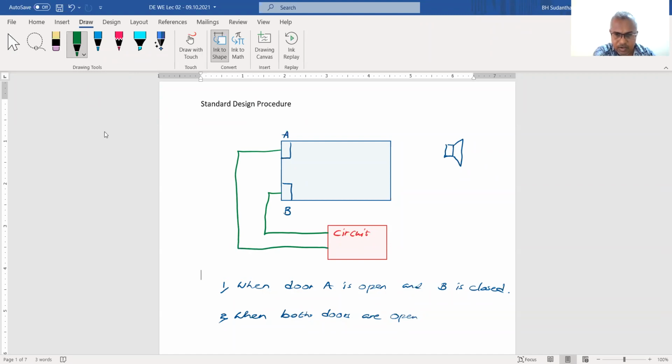This circuit will determine whether one of these conditions is true. We have two conditions and we have to check any of these conditions. When one of these is true, then we have to turn on the alarm. That is the idea.